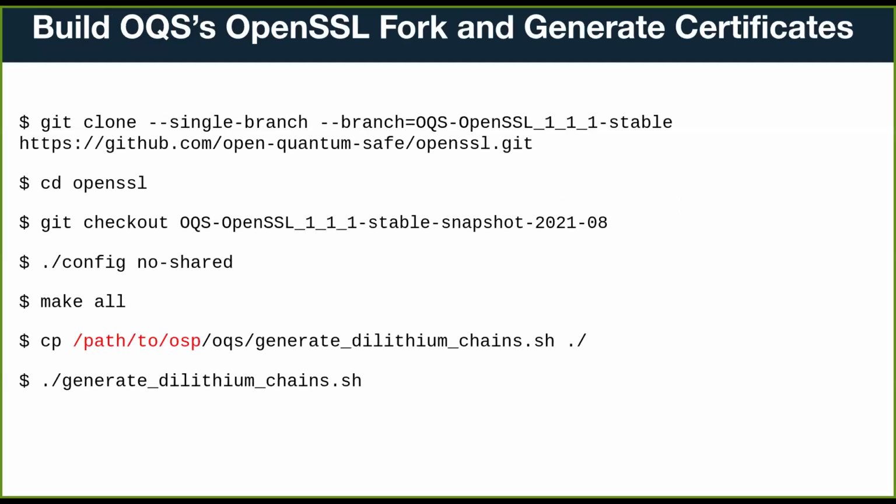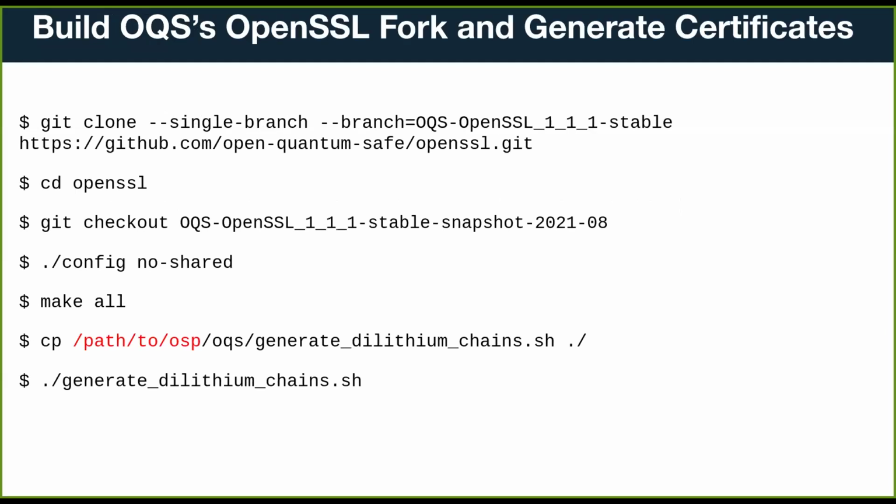So the next step is to build the fork of OpenSSL. And again, the only reason we use this fork is to generate the certificates. There's nothing really special about this step. We configure for no-shared just to make it simpler.